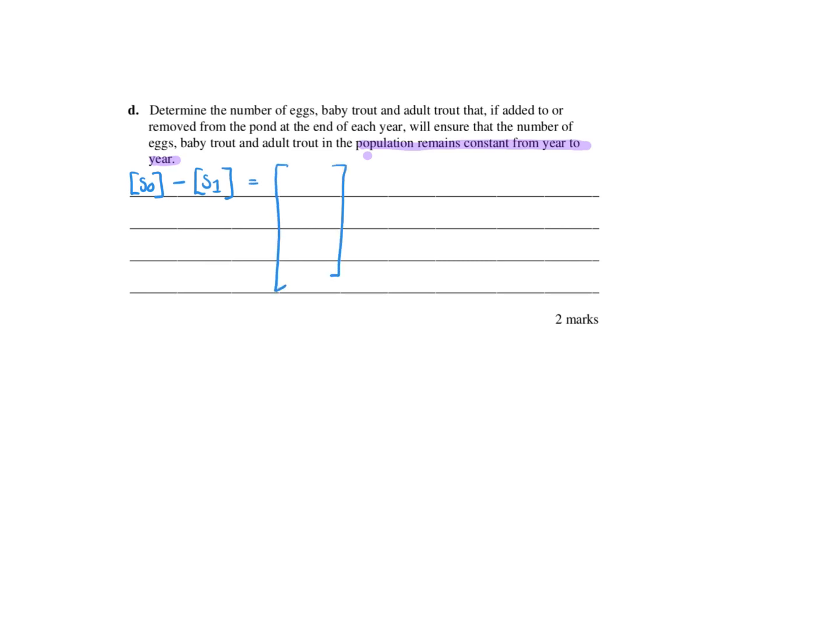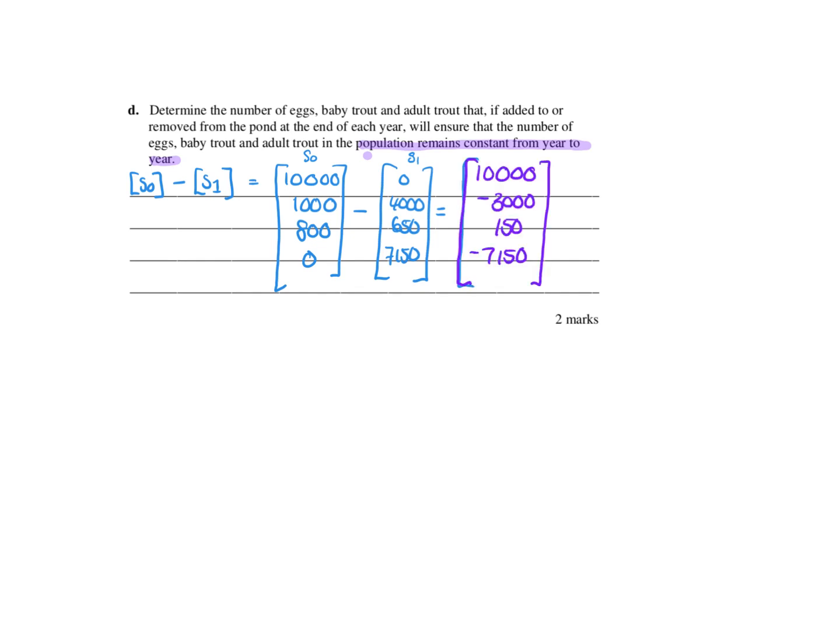So if you do that, S0, there was 10,000 eggs, 1,000 baby, 800 adults, and 0 deaths. And then S1, we end up with 0 eggs, 4,000 babies, 650 adults, and there was 7,500 deaths. So when we subtract them, this matrix in the purple here is telling us what happened.